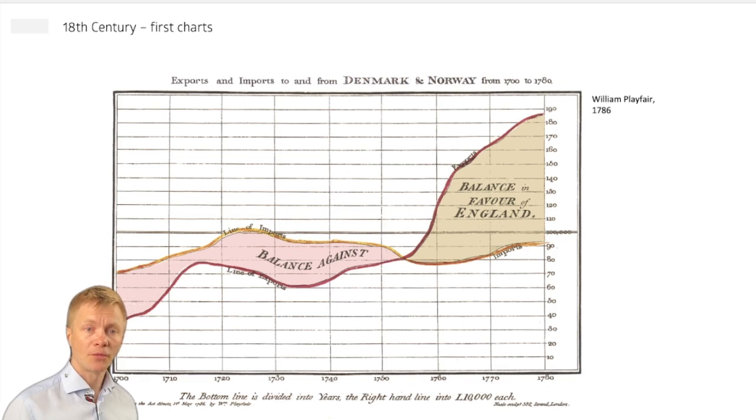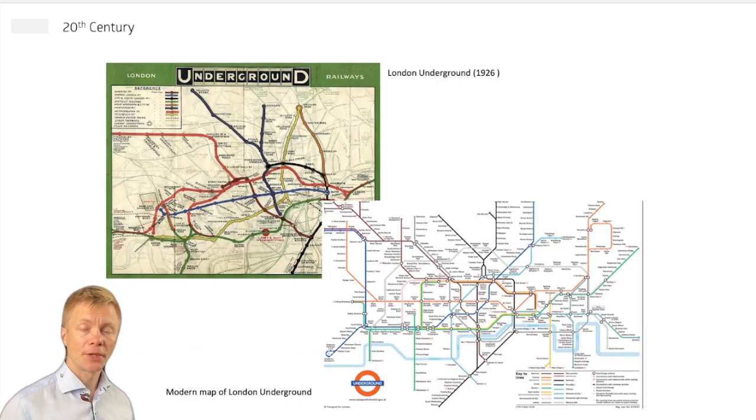The line charts and bar charts we use today have been with us since the 18th century. That's the first recorded line chart to date, which was made by William Playfair and shows trade statistics. The transfer between the realistic and functional design can be easily understood from the design of the London Underground map.